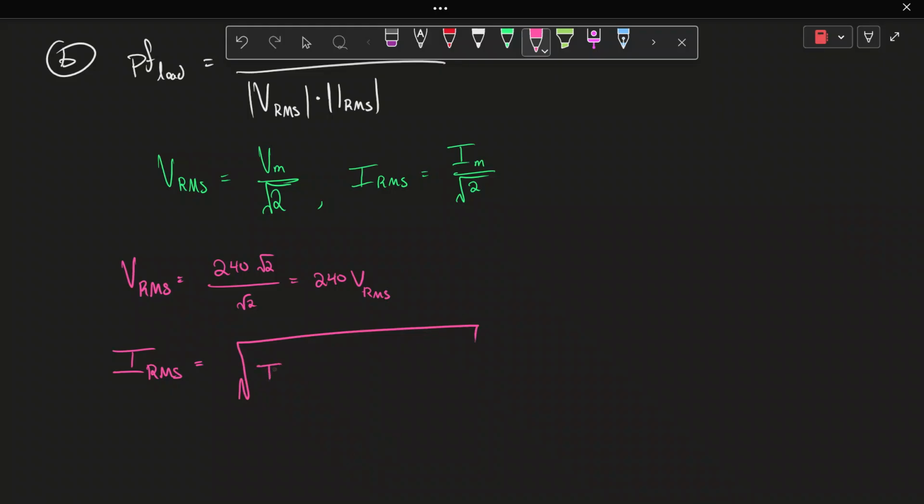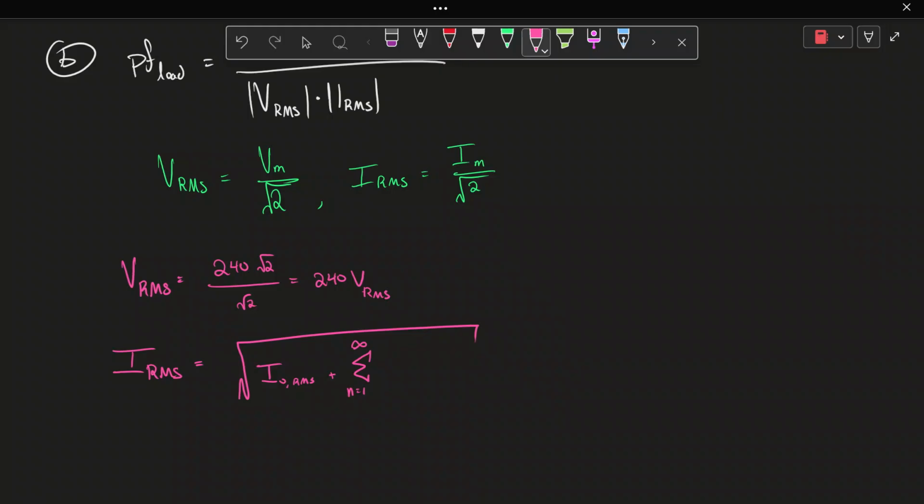For the DC term, we'll take I naught and we'll turn it into an RMS value, really. Okay, and then take the sum of n is equal to 1 to infinity of the RMS terms again.